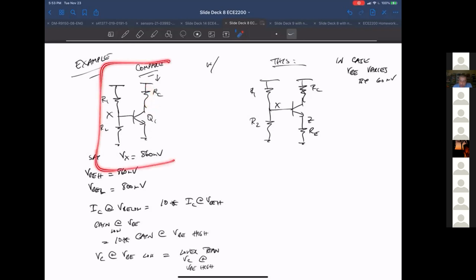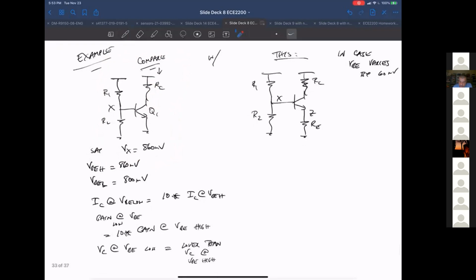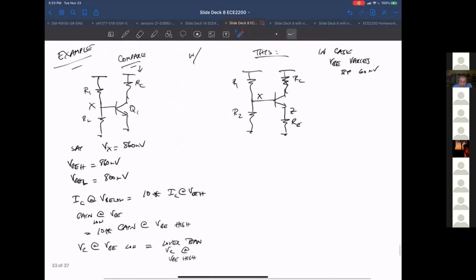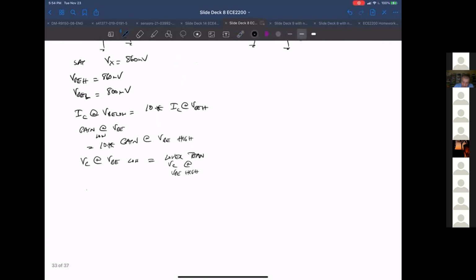So this has a huge amount of exponential variation, like we mentioned, right? Because I sub C is I sub S exponential of VBE over VT.